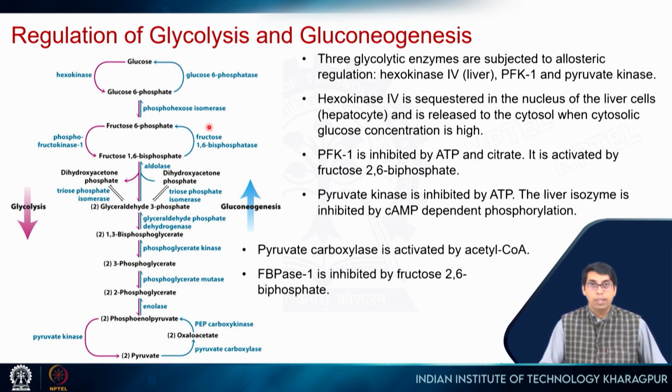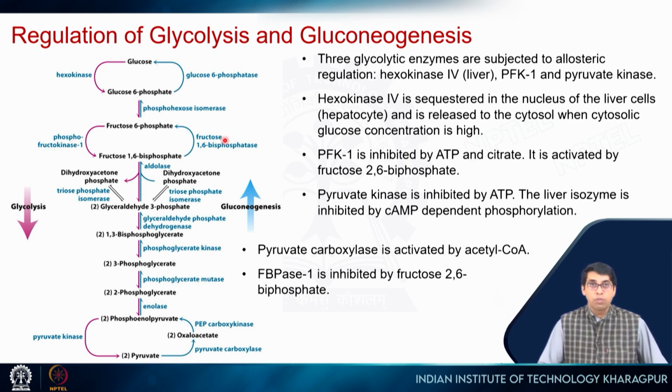future use, right. FBPase 1, fructose 1,6 biphosphatase 1, is inhibited by fructose 2,6 biphosphate. So, you see that this enzyme is activated by fructose 2,6 biphosphate and the corresponding enzyme is inhibited by fructose 2,6 biphosphate, right.